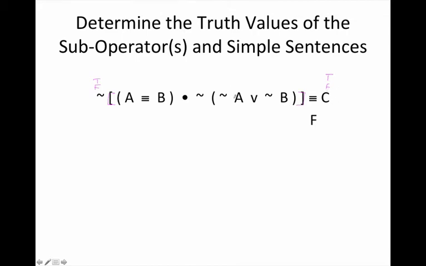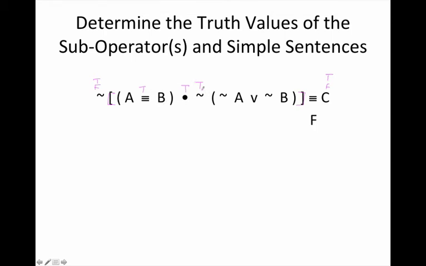So what if we just go ahead and arbitrarily plug in some values? What if we said that the tilde here is false? That would make the dot true. And for the dot to be true, the triple bar and tilde would have to be true.